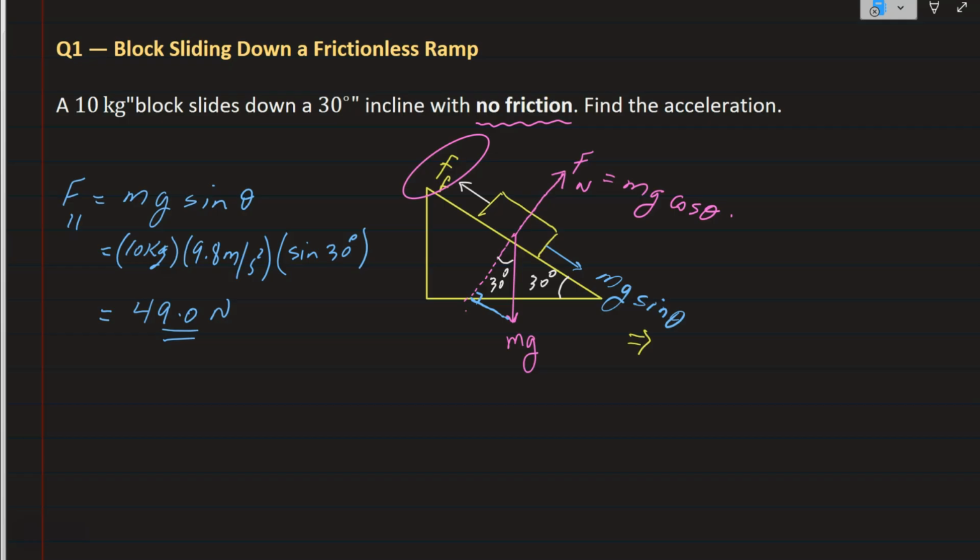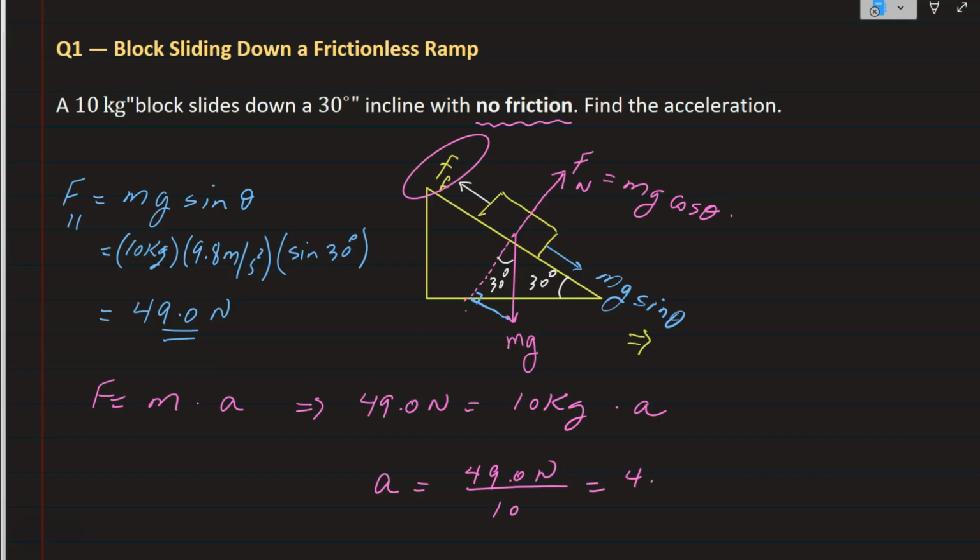That means now we can just use Newton's second law. F is equal to ma. And in this case, we have 49.0 newtons is equal to 10 kg times the acceleration. And acceleration of the system is just force divided by my mass, and that's 49.0 divided by 10, which is equal to 4.9 meters per second squared.